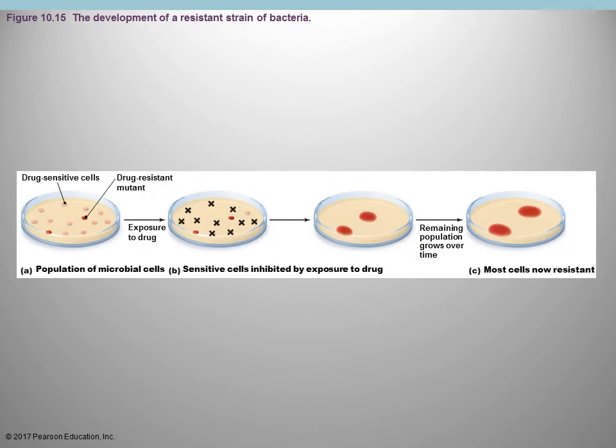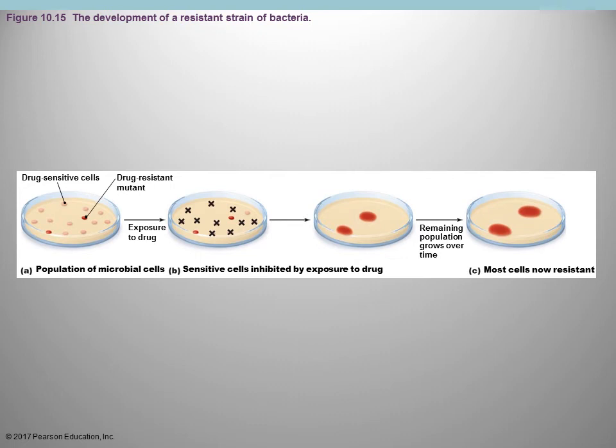This is just showing a diagram of how, on the far plate on the left, you have your microorganism, in this case bacteria that are growing. You do have a couple of mutations in there, the red ones that are resistant to the drug. The organisms are exposed to the drug. Well, all those that were susceptible died out.